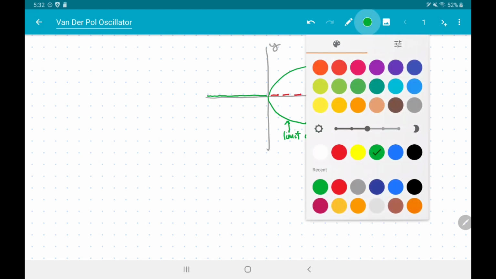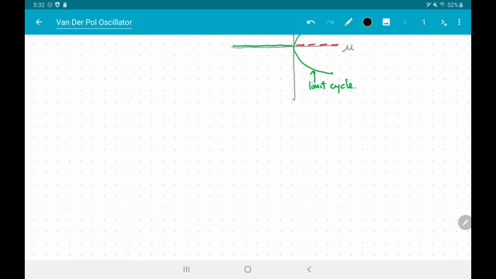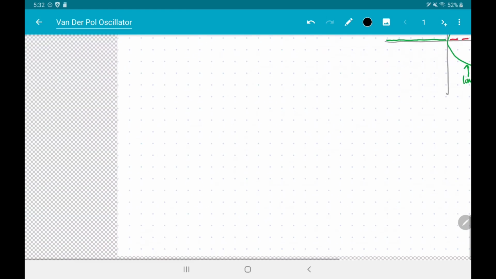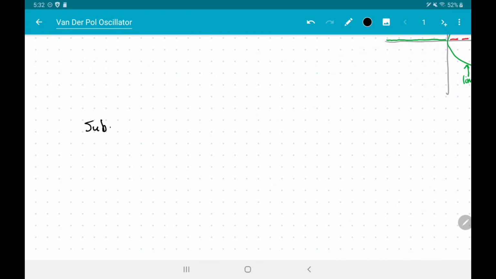There is also something called a subcritical Hopf bifurcation. So let me come over here and draw that for you. In a subcritical Hopf bifurcation, you have actually an unstable limit cycle surrounding a stable spiral.